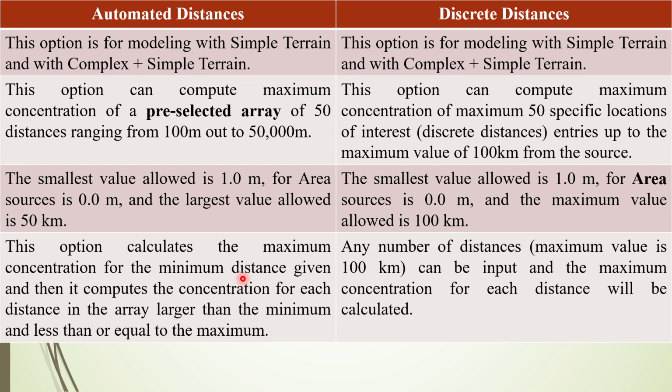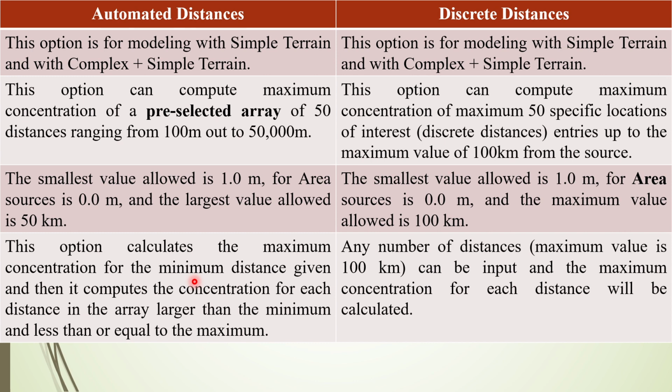For automated distance, the minimum distance was 250 meter. The array is 100 meter interval for the first 30. So the first array is 100 meter, and second is 200, third is 300. But for this option, it calculates the concentration at 250 meter distance.